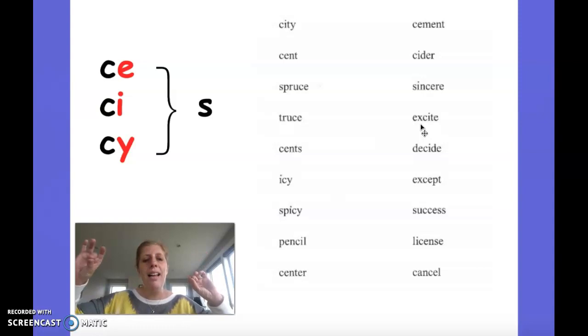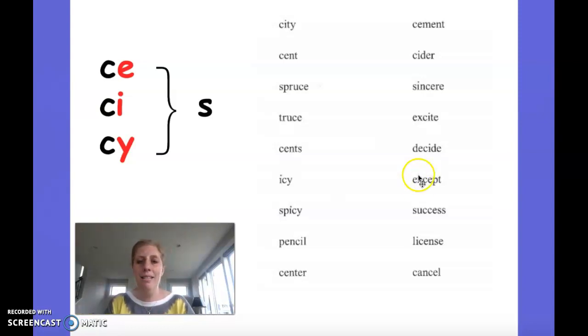Okay, how about this one? Excite. Excite, excite. And this one, d-e-d, that's an open syllable. Side, side, decide, decide. Except. This is the kind of except like, I like all kinds of ice cream except for pistachio, maybe. I don't even know. I probably like that too. Except. Okay, how about this one?